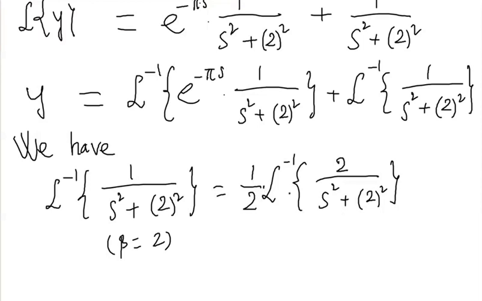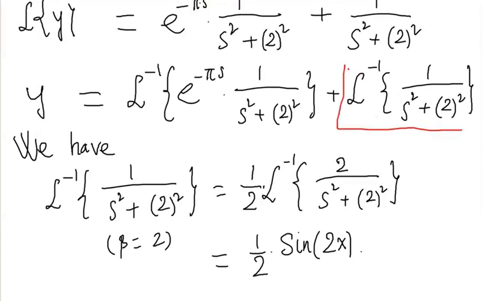We have a half in front to cancel with the 2 that we have just multiplied. And then use the formula. This is just sine of 2x. That is the inverse Laplace transform of 1 over s squared plus 2 squared, like what we have here.